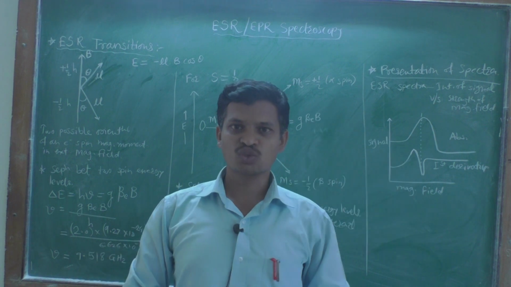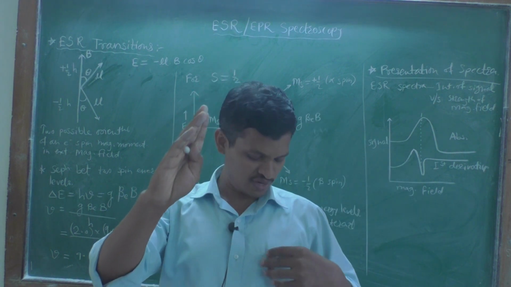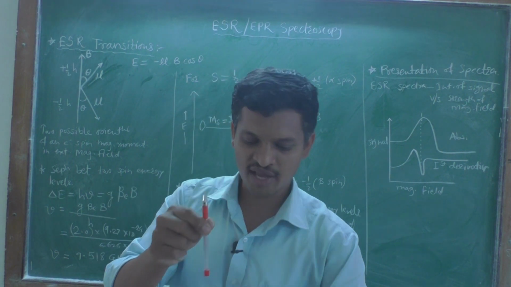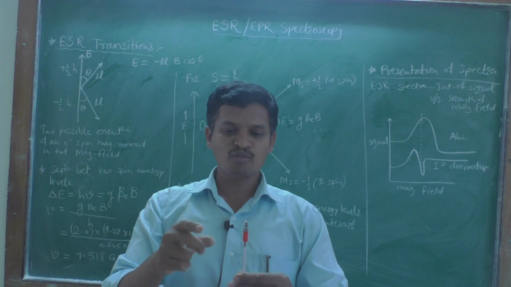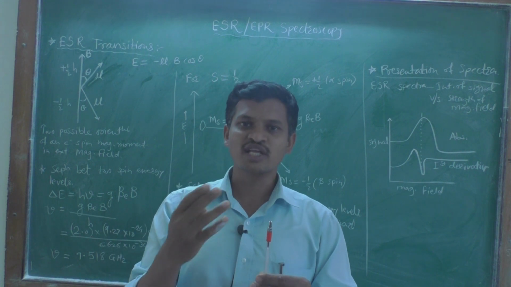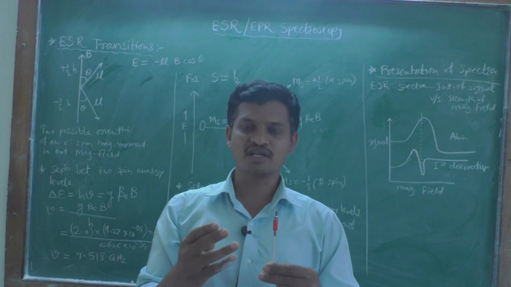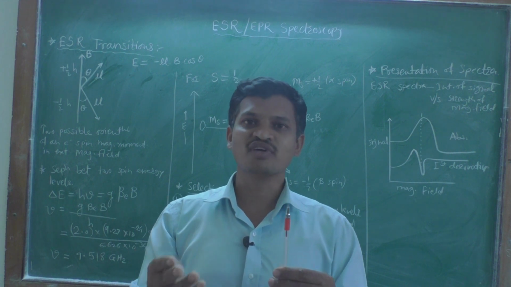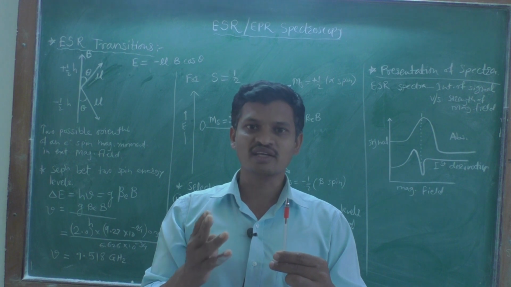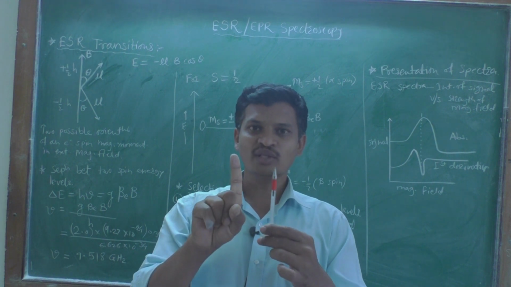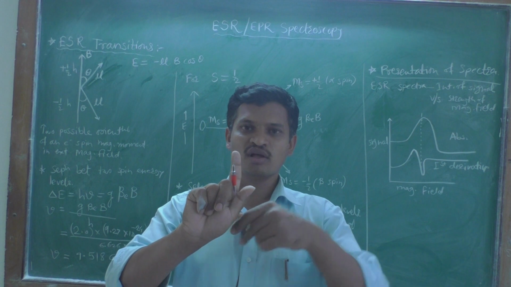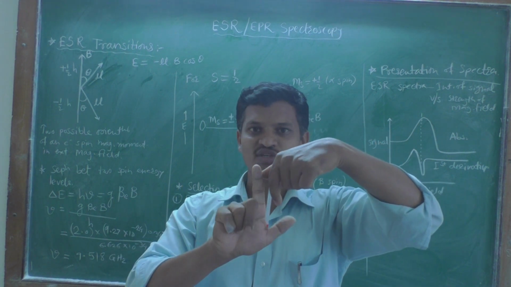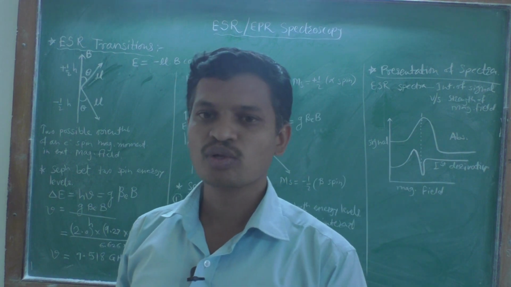If this is the direction of the applied magnetic field in the upward direction, then the magnetic moments of the unpaired electron tend to align in two directions, along the direction of the applied magnetic field or opposite to it.